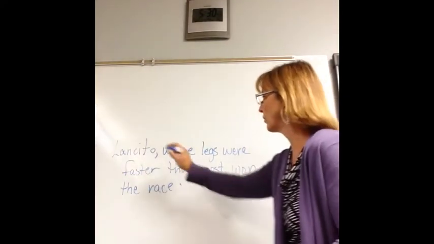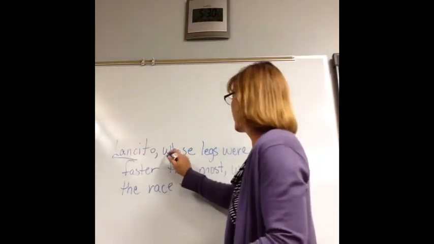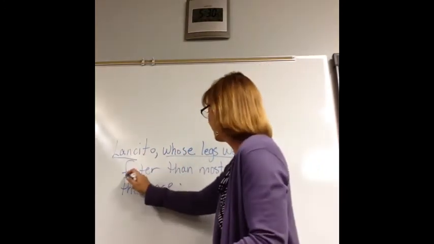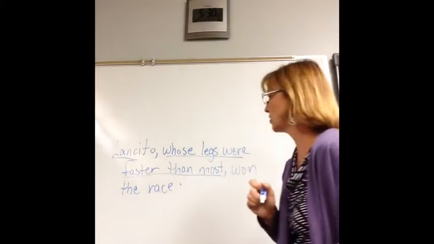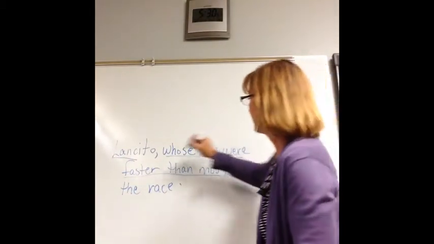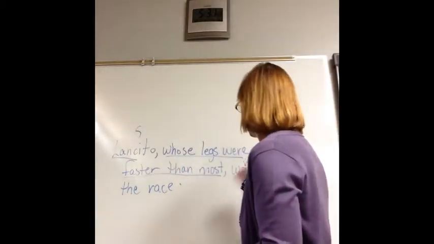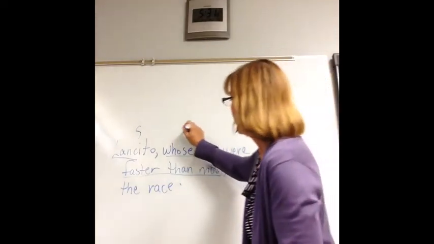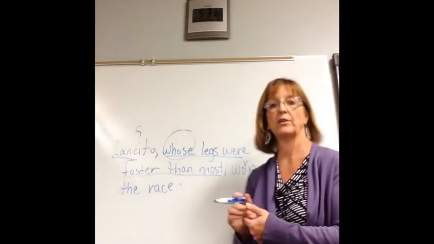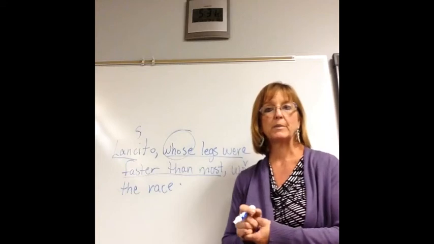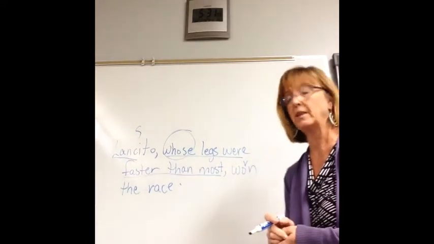Okay, so we're describing Lancito. Here is our dependent subordinate clause. It is an SB split, and here is our relative pronoun. So we're going to be spending a lot of time working with these.